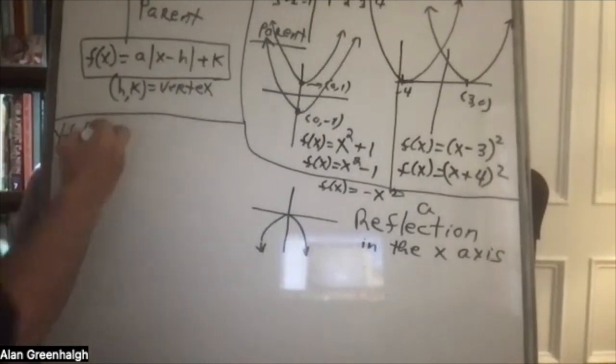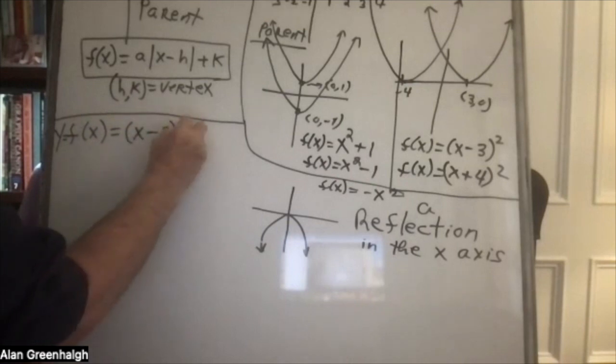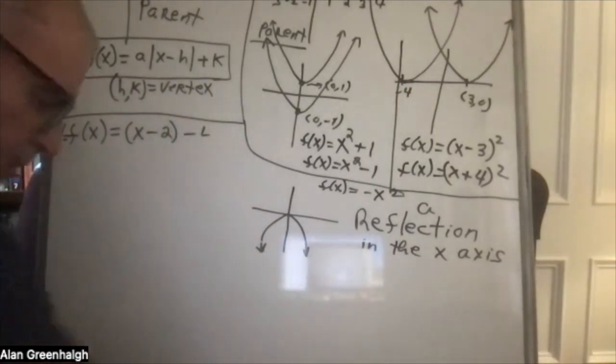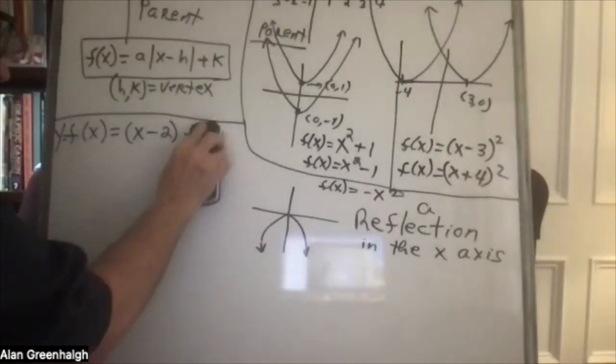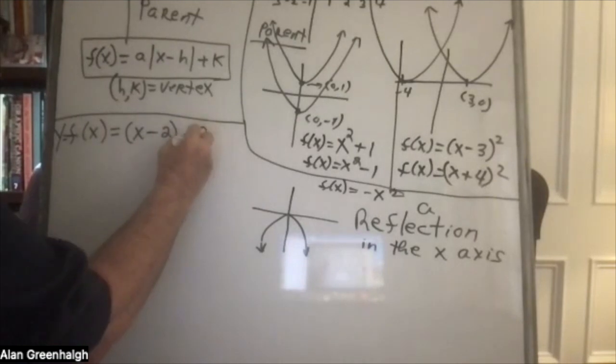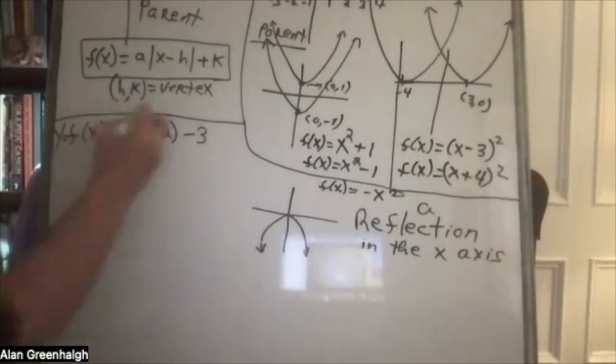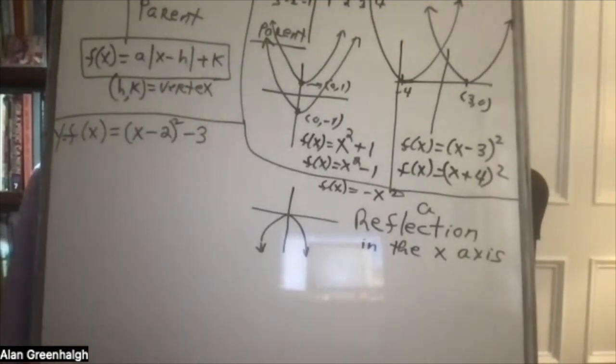Let's take an example. Okay, so we want to graph this. Usually when you graph something like this, the very first thing you do is look for the vertex.